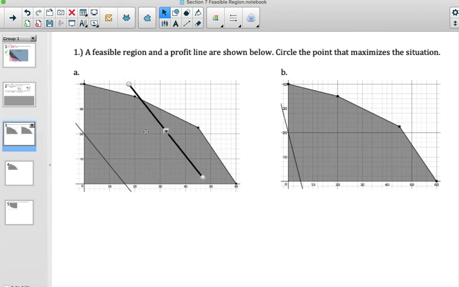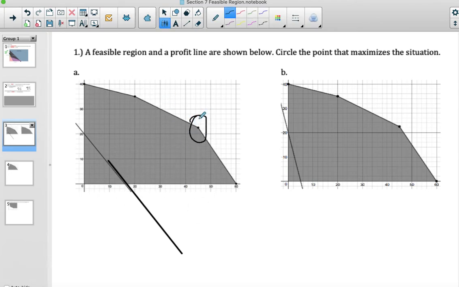I can see that the last point I'm going to hit is just barely this corner here. I've already passed this point. The last corner that I would clip would be this point out here. So this would be maximizing the solution.